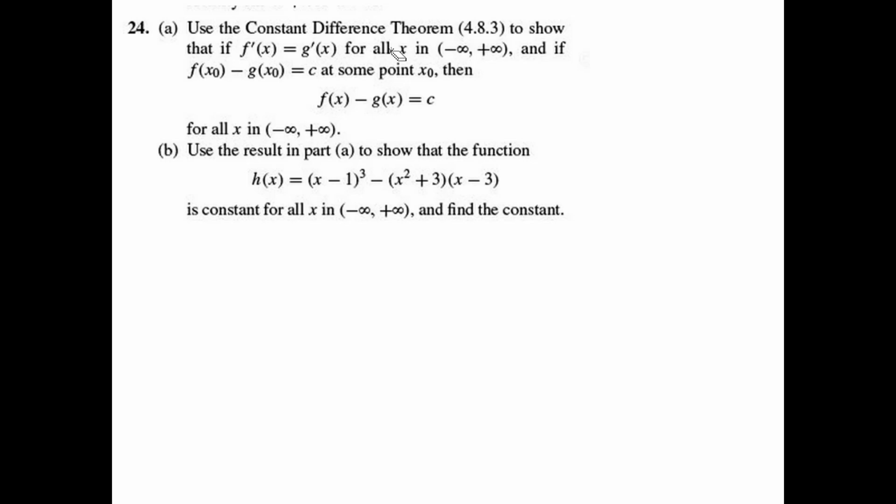B. Use the result in part A to show that the function h of x equals x minus 1 cubed minus x squared plus 3 times x minus 3 is a constant for all x in the interval from negative infinity to infinity, and find that constant.